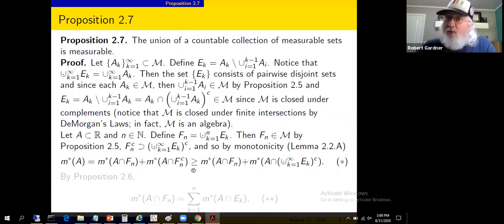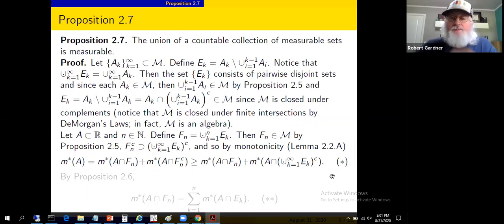Monotonicity says you get an inequality of the outer measures. So what we've done is really just taken the F sub N complement and replaced it with this smaller set. Outer measure is applied to A intersect F sub N complement versus A intersect the complement of this thing. This is a smaller set. Inequality, outer measure, let's call that asterisk.